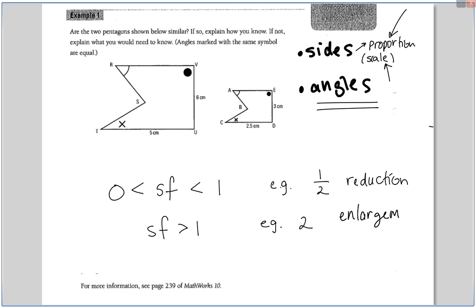You want to make the shape bigger. So basically, if you see fractions like this for the scale factor, then your new image will be smaller. And if you see scale factors that are bigger than 1, then you will see an enlargement for the new shape.